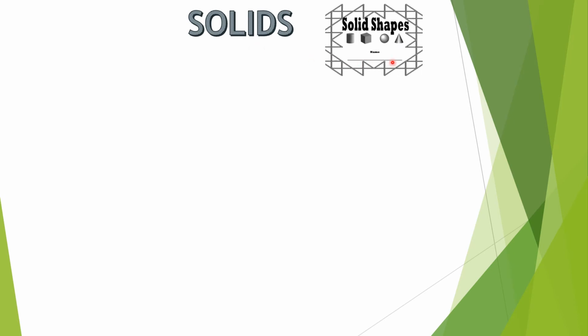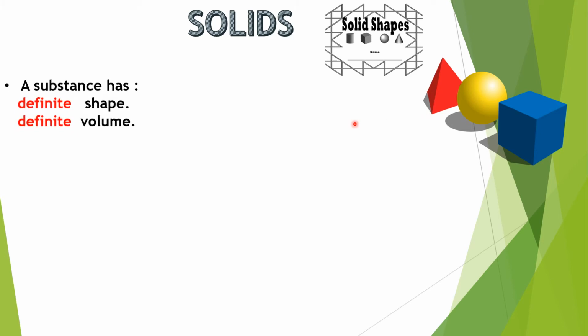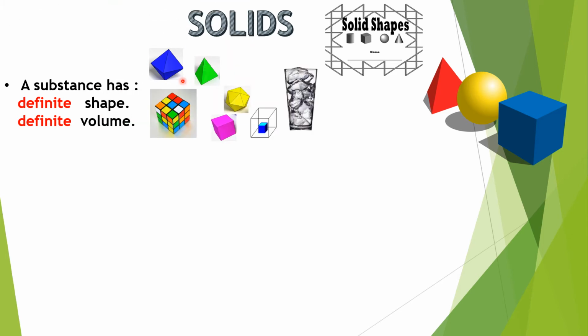Solids. A solid is a substance that has definite shape and definite volume, like these shapes. The particles are very close together.